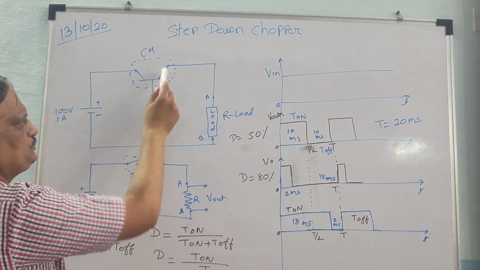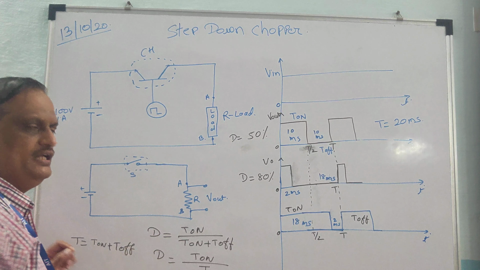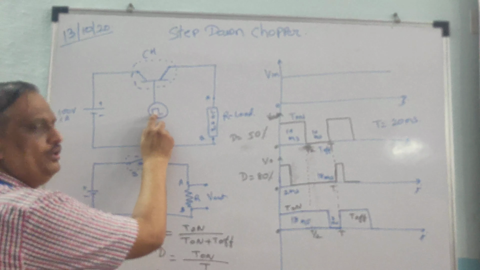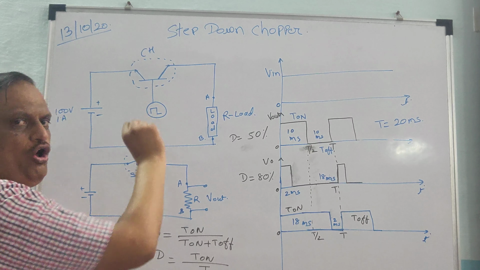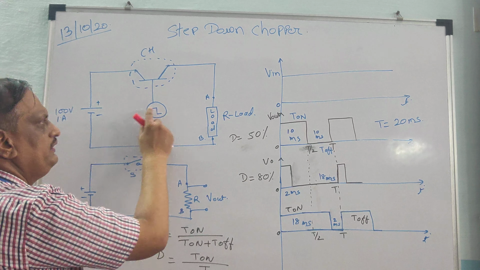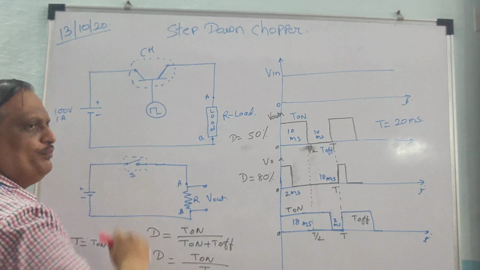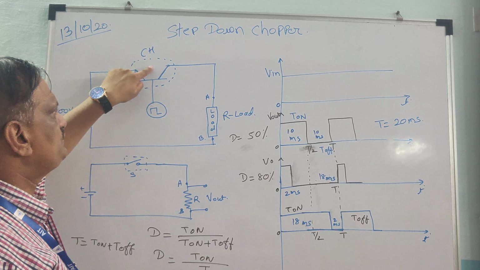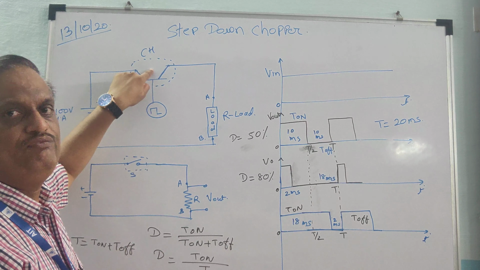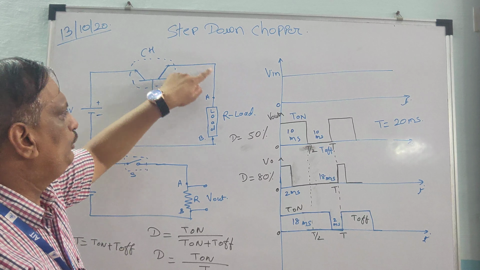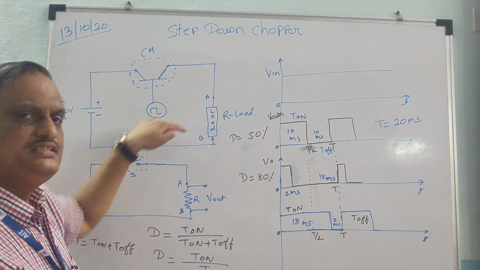Now to the base of the chopper, I am supplying a square wave as an input. Depending upon the input, the chopper will either turn on or off. Means the duty cycle, or the on time of this base signal, will decide the duration for which my chopper, or my transistor, will be on, and depending upon that the load current will circulate in the circuit.